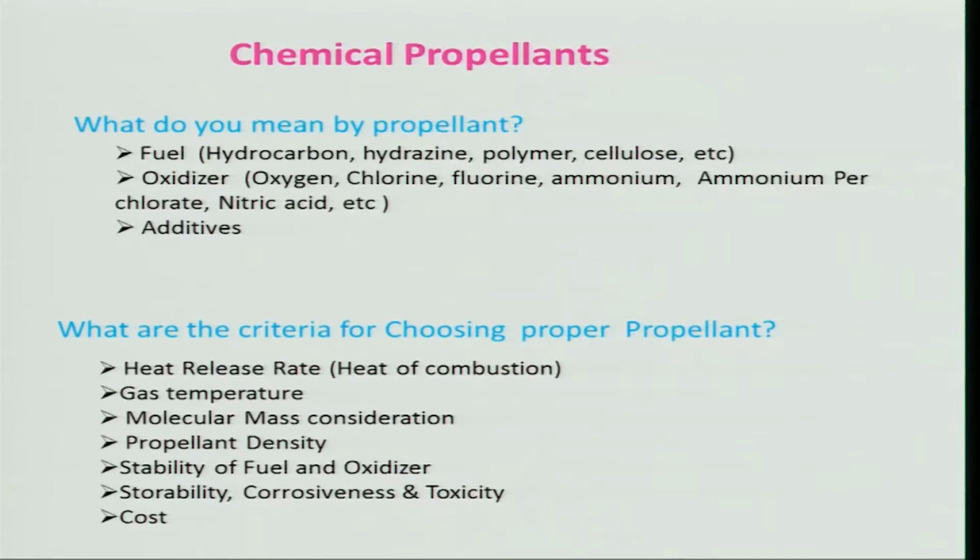That means if the average molecular weight of the gas expanding in the nozzle is lower, then you will get a higher specific thrust, of course for the same chamber pressure and other conditions. To reduce the average molecular weight of the gas, generally hydrogen and oxygen are preferred, which will give you the higher specific impulse.